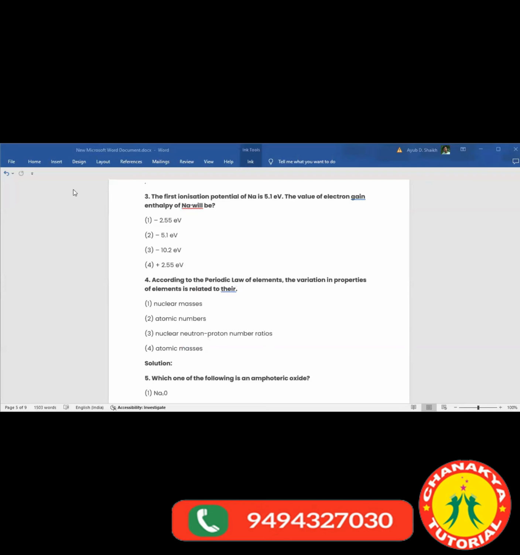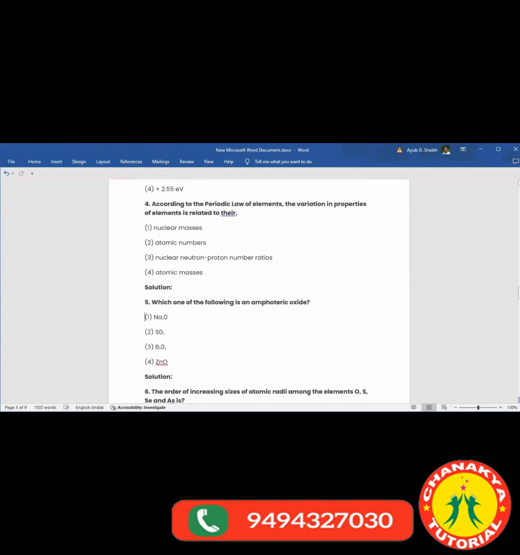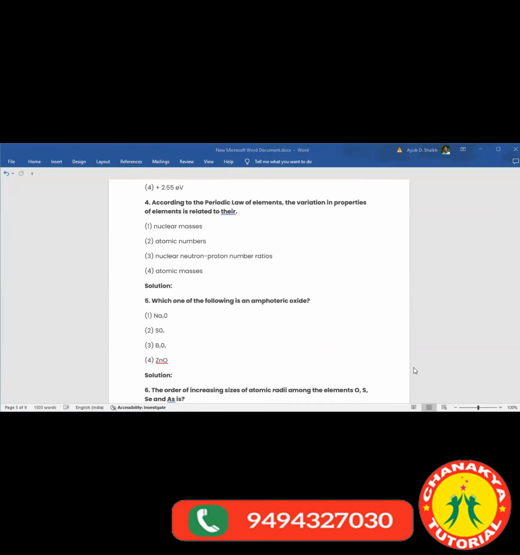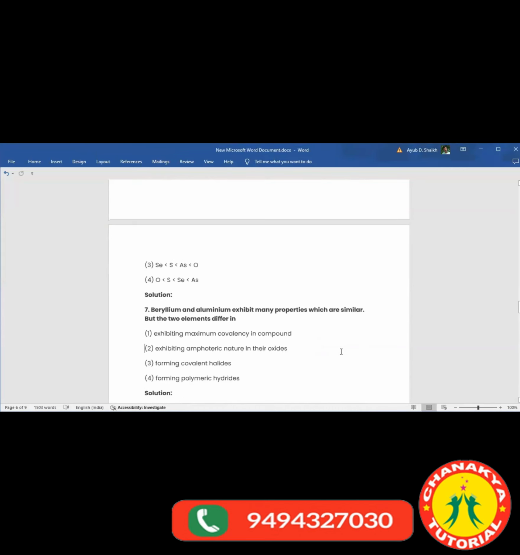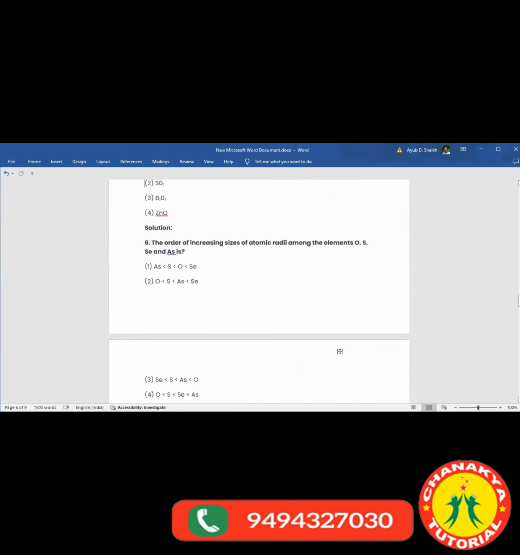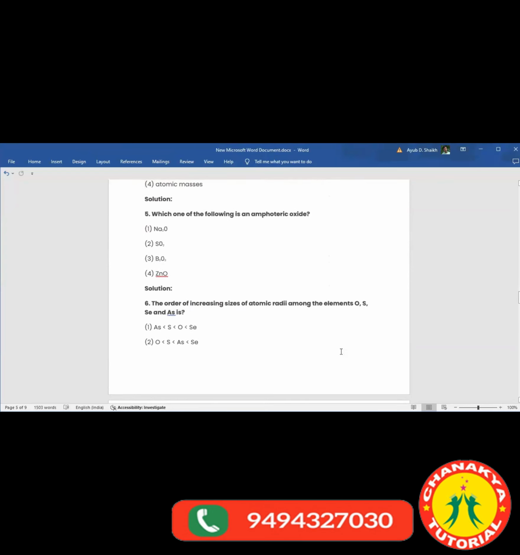I'll scroll it down. Which one of the following is an amphoteric oxide? It's very easy.